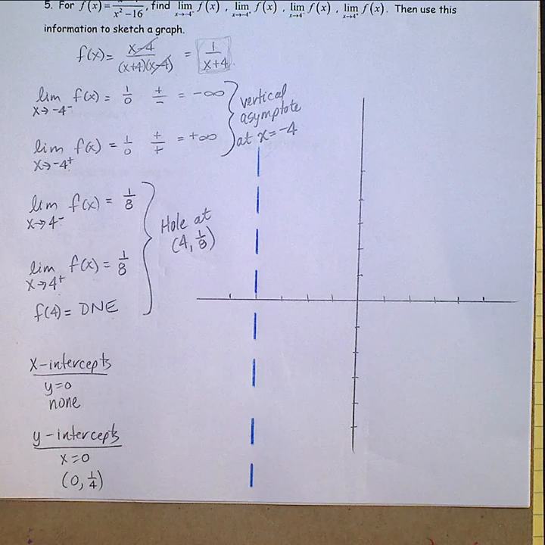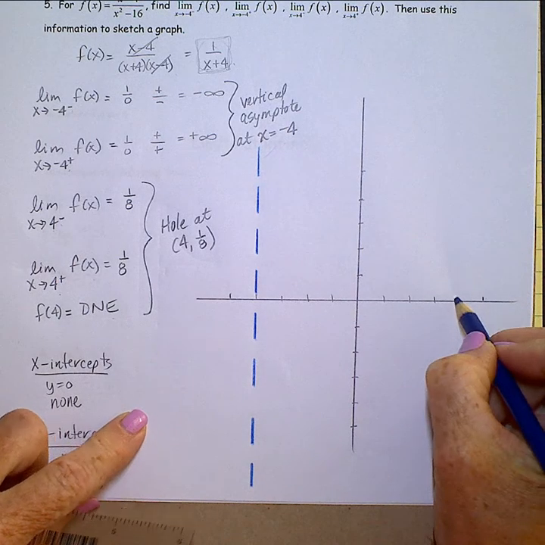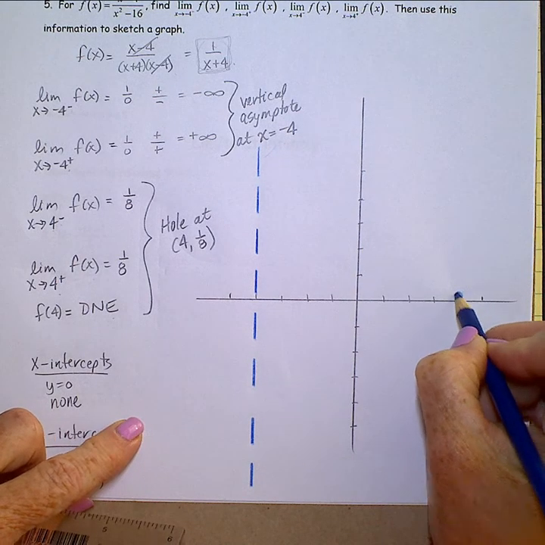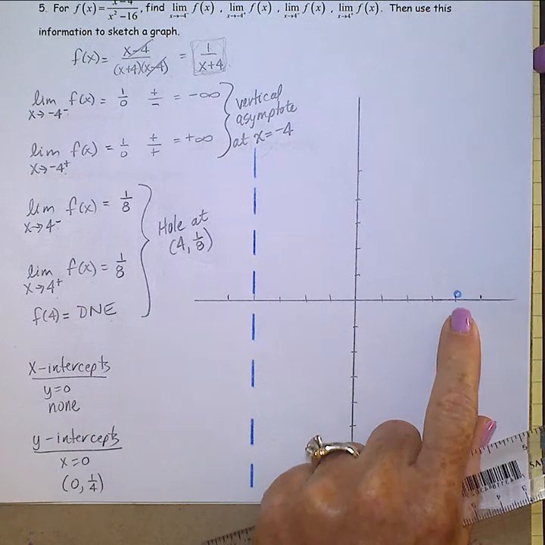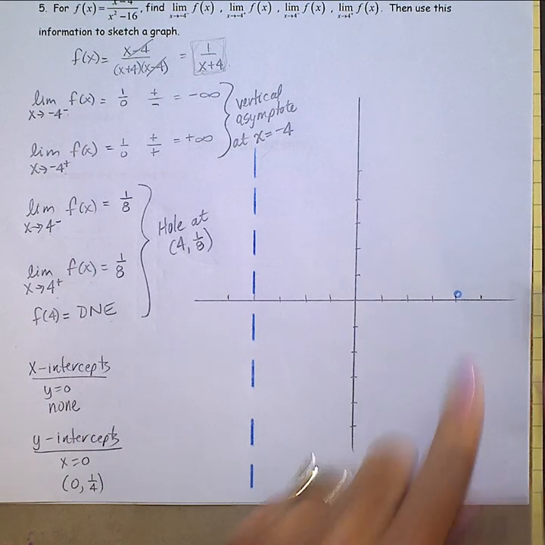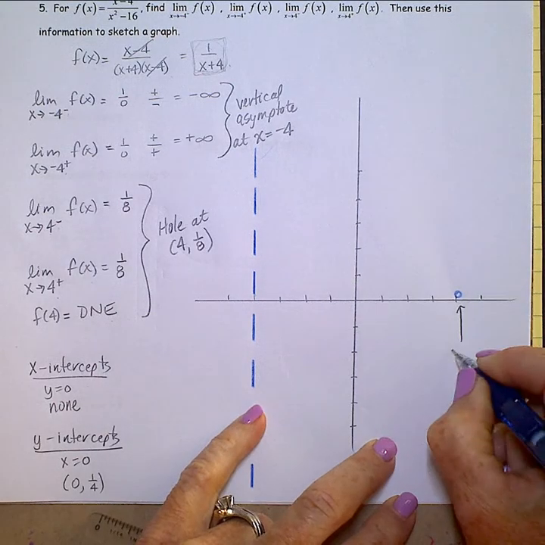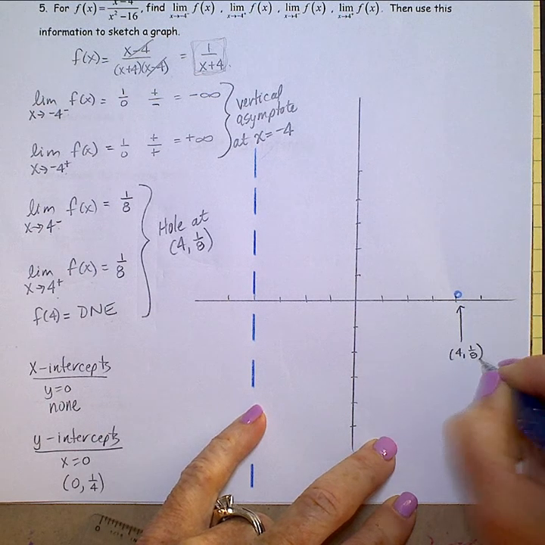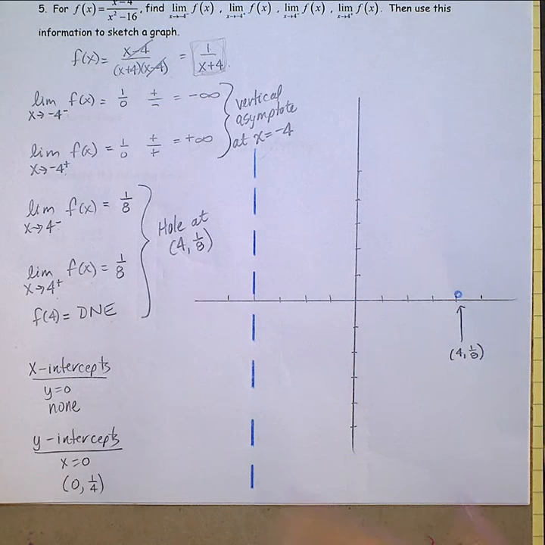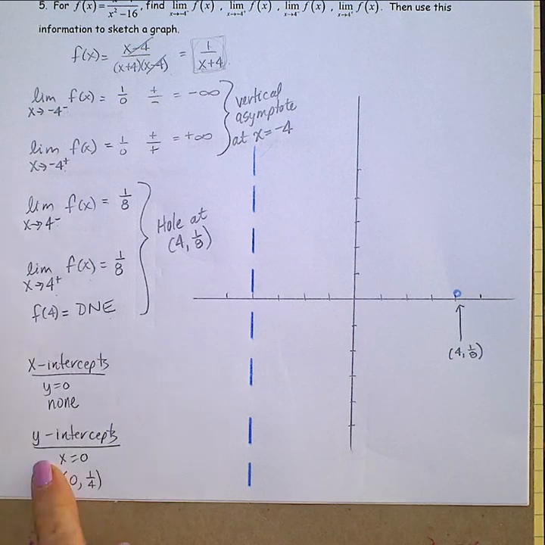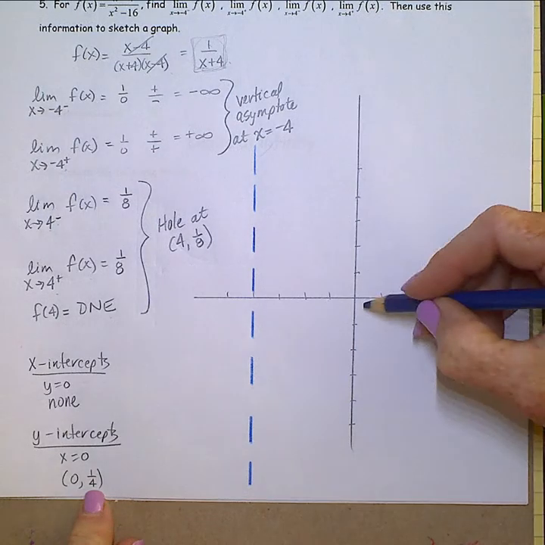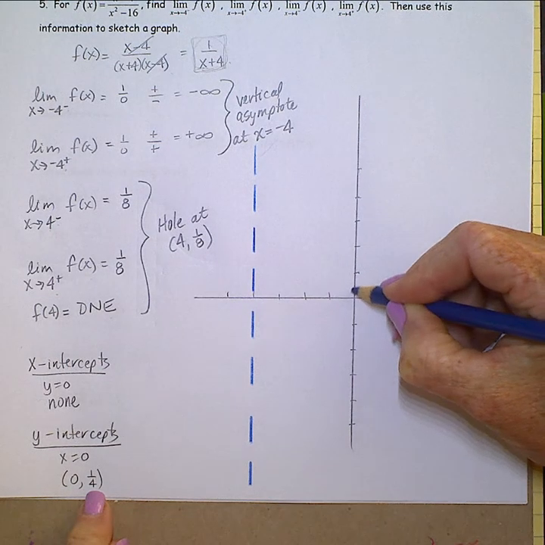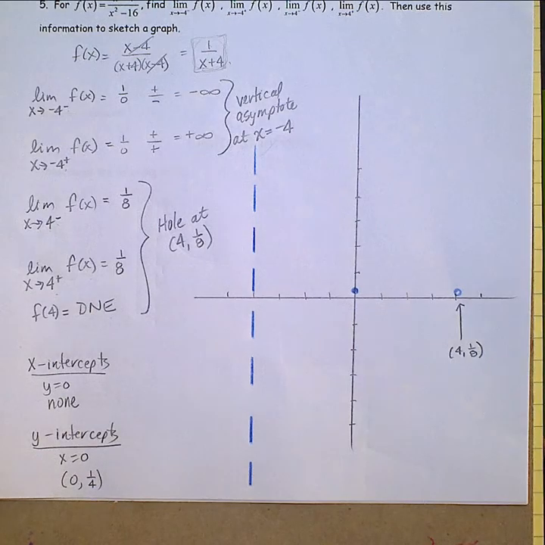We have a hole at 4, 1/8. It's hard to get that hole down small enough to show that it's 1/8, so just identify the coordinates of it. No x-intercepts. Y-intercept is 0, 1/4. And that's all we've got.